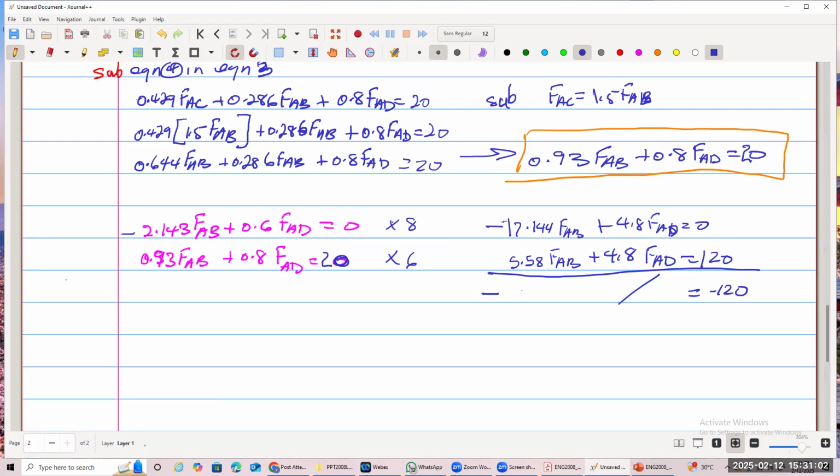You're getting 22.724 F_AB. So you transpose that, F_AB is equal to minus 120.